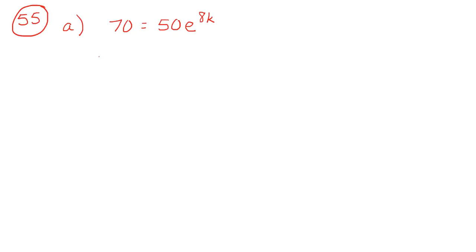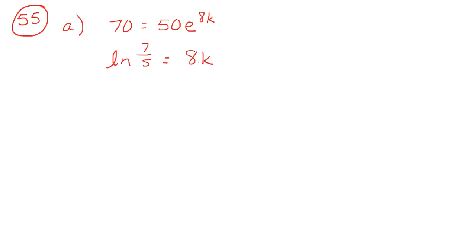So again, divide both sides by 50. This time you are going to have to take the natural log. So the natural log, I'm just going to leave it as a fraction, of 7/5 equals 8k times the natural log of e, which the natural log of e is 1, so it's not needed. I'm just going to write 8k.